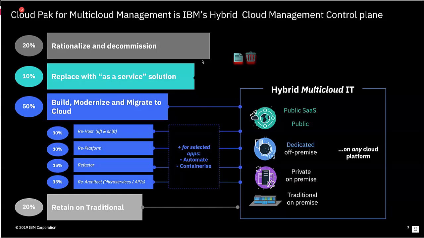And that may be lift and shift, it may be re-platform, refactor, or build brand new cloud native things. And these ratios may vary, but this is a pretty typical environment we see. And at the end, you see a hybrid multi-cloud IT, which is really a combination of the things you see on the right? Private cloud, public cloud, dedicated, traditional, and so on.